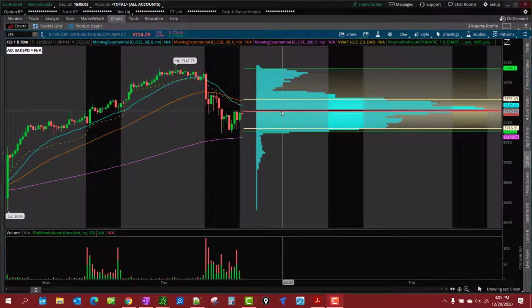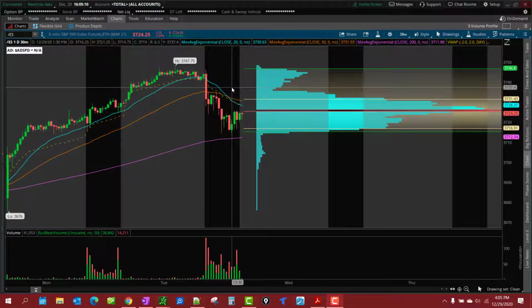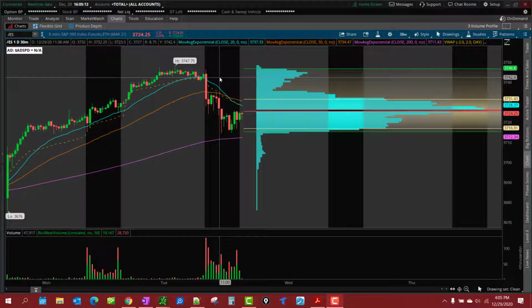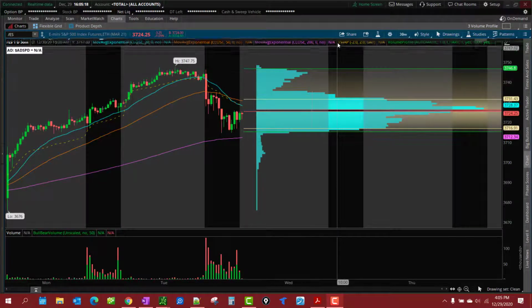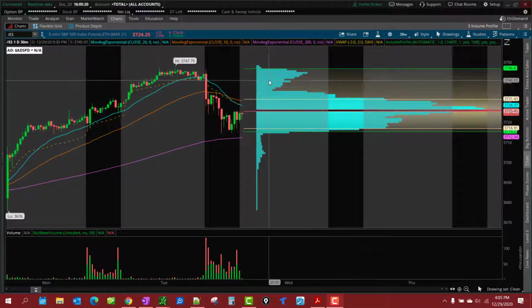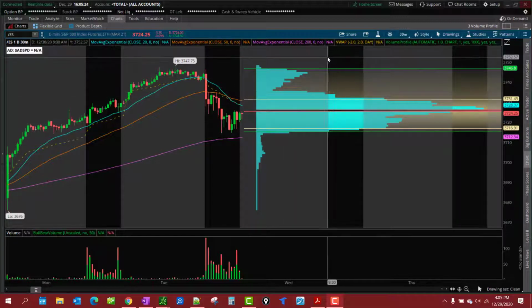That said, for the past several days in the indexes, the ES, the Russell, the NASDAQ has been above the value area extreme and has remained above the value extreme. It's come back and touched it and then bounced back up a couple times.